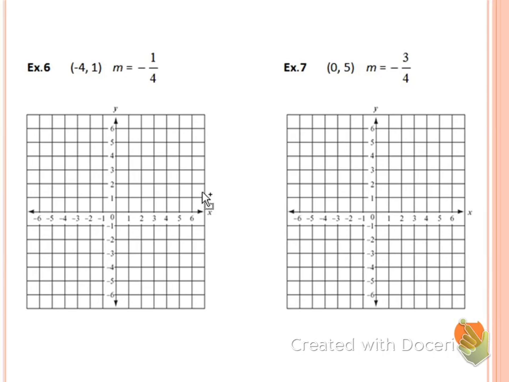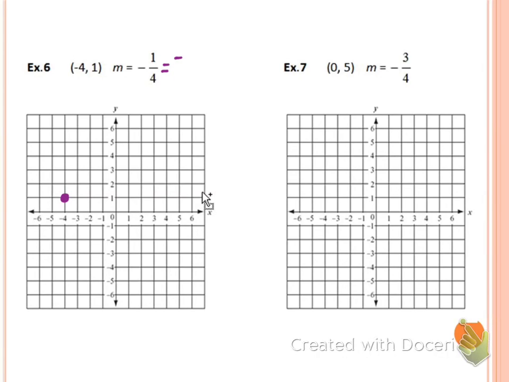So who can tell me how to get to the point -4, 1? Shannon? Left 4 and then up 1. Very good. And then we use our slope, -1/4. So we talked about this a little bit the last few days.